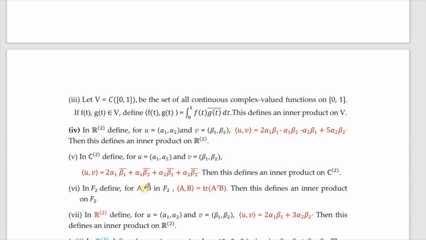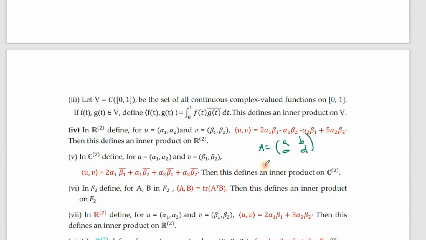For any two matrices in F2, we define the inner product of A and B to be the trace of A transpose B. Given any matrix A with entries a, b, c, d, we know how to compute A transpose. We just interchange the rows and columns, so you will have a c in the first row and b d in the second.